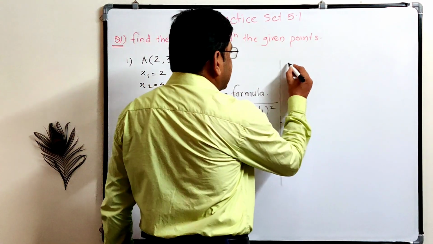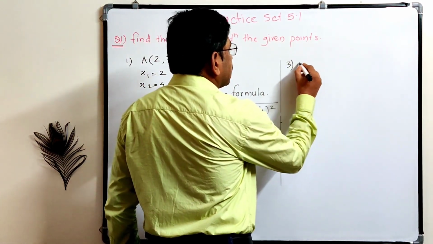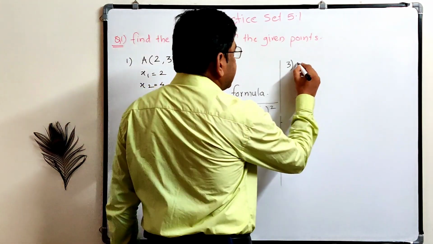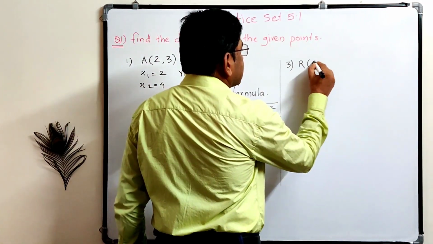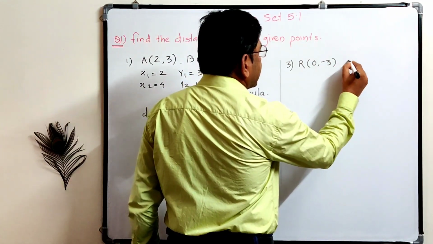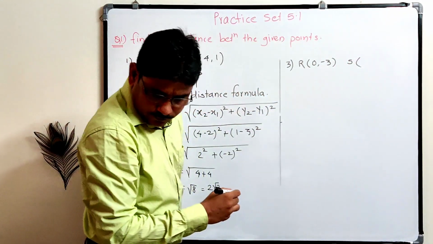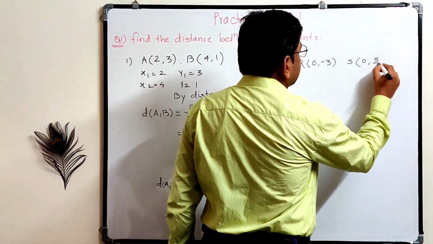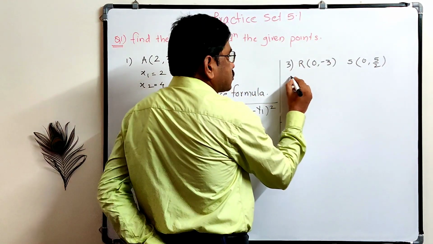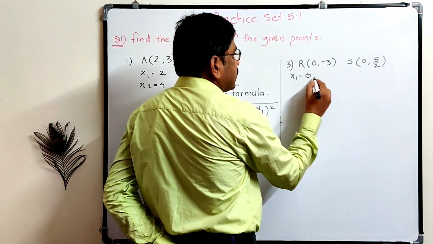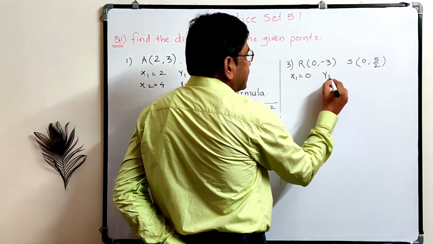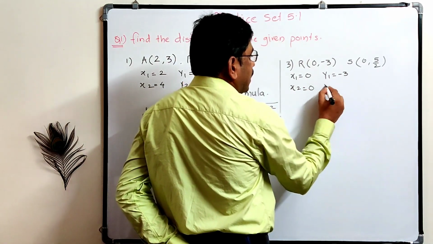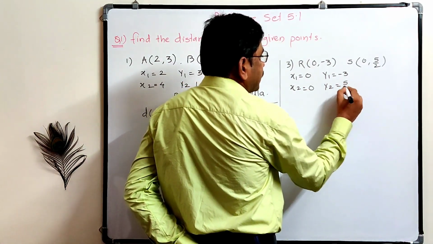Let us see that third sum. The coordinates are R(0, -3) and S(0, 5/2). Now write x1 is equal to 0, y1 is equal to minus 3, x2 is 0 and y2 is 5 by 2.